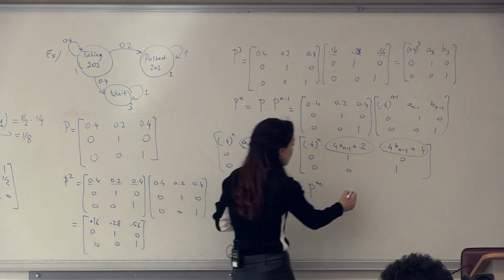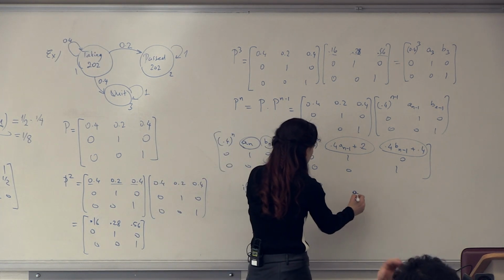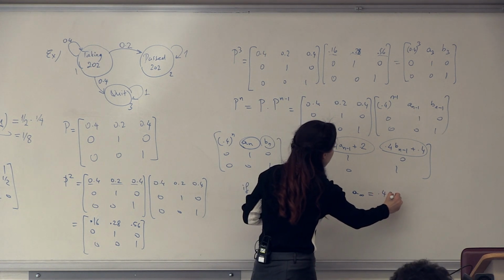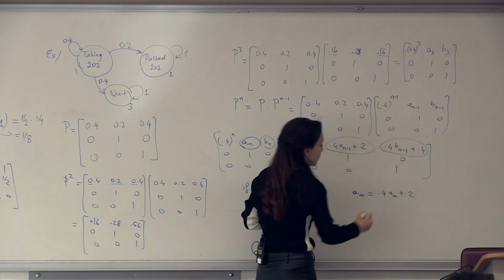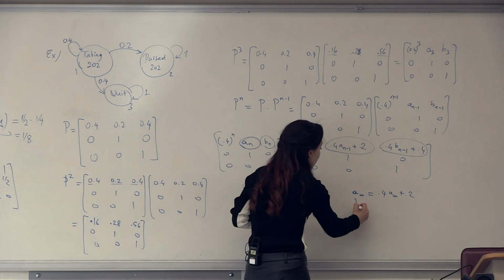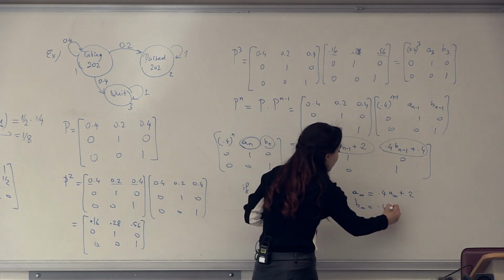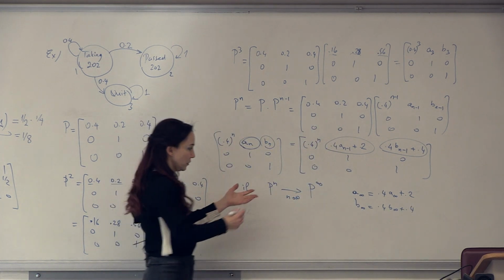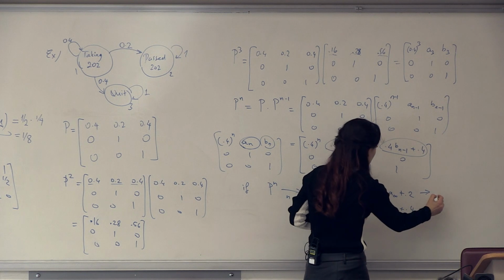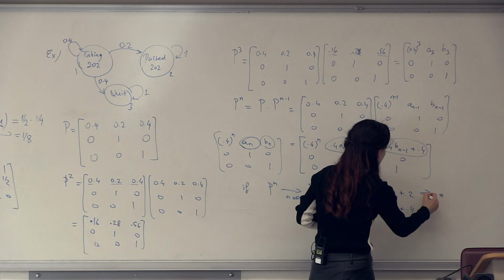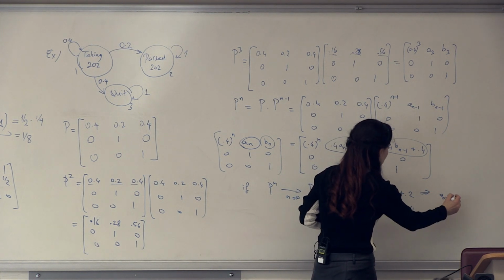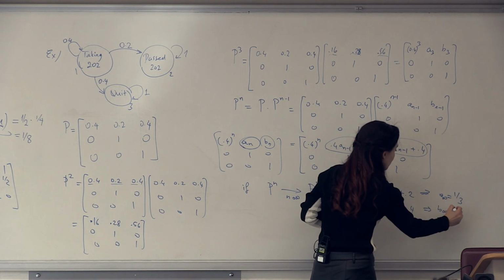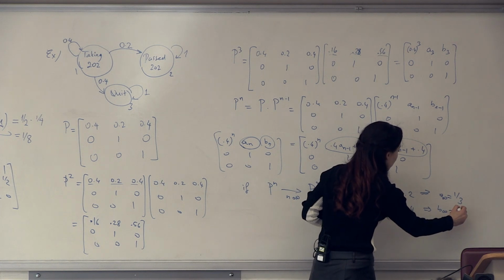So a infinity would be equal to 0.4 a infinity plus 0.2, and b infinity would be 0.4 b infinity plus 0.4. This gives me a infinity equal to 1 over 3 and b infinity equals 2 over 3.